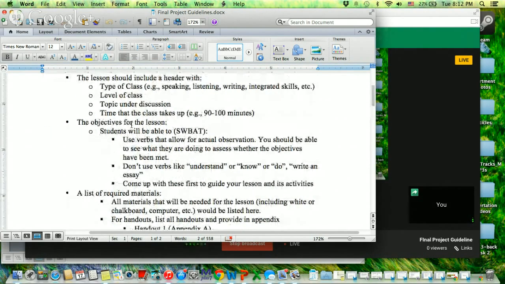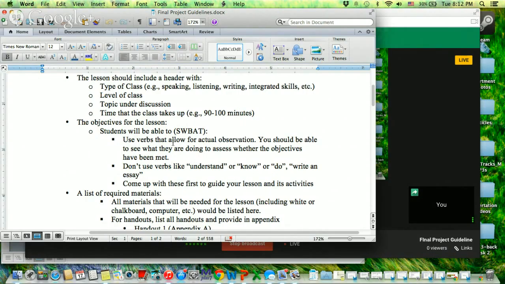The objectives for the lesson should come next. So students will be able to, you can abbreviate it as the SWABAT acronym. For this one, it's important that you use verbs that allow for actual observation. Remember that with the objectives, you want to be able to actually assess or observe what's going on.